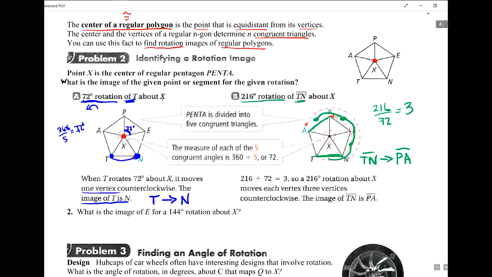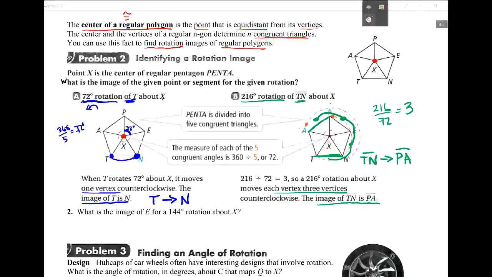If we go around, this would be T and this would be N. So for a 216-degree rotation, each vertex moves 3 vertices, so the image of segment TN is segment PA. Now go ahead and pause the video and do the problem.